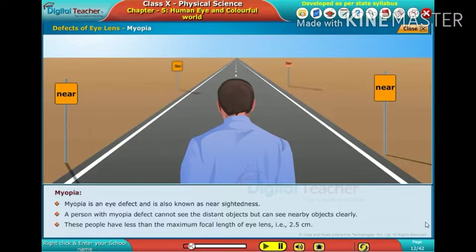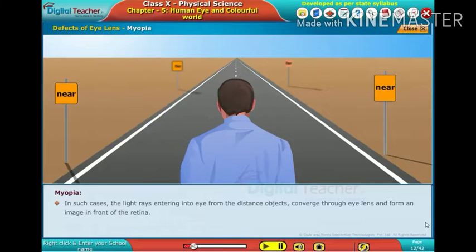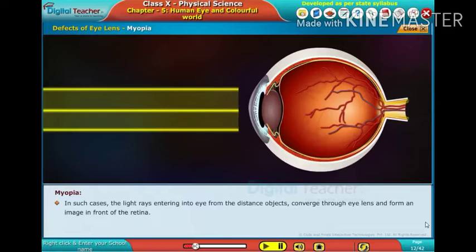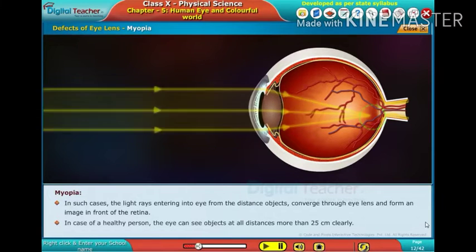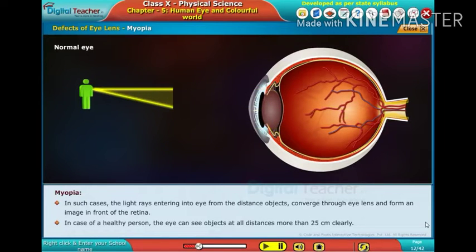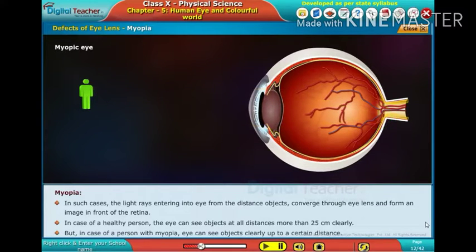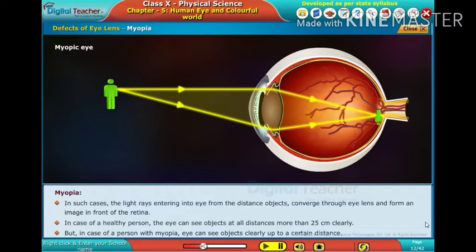These people have a focal length less than the maximum focal length of the eye lens, that is 2.5 centimeters. In such cases, the light rays entering the eye from distant objects converge through the eye lens and form an image in front of the retina. In a healthy person, the eye can see objects at all distances more than 25 centimeters clearly. But in a person with myopia, the eye can see objects clearly only up to a certain distance.